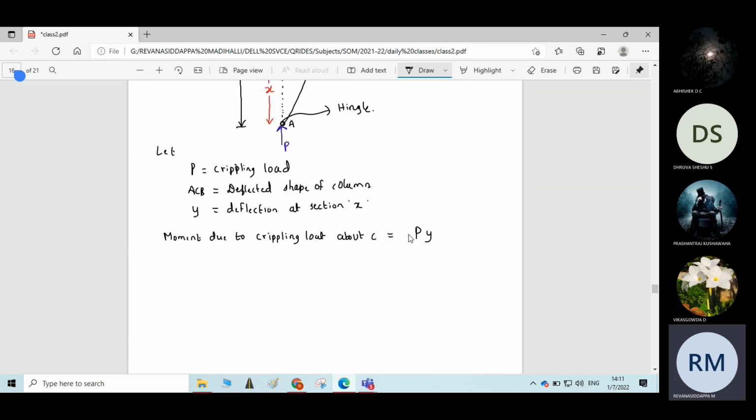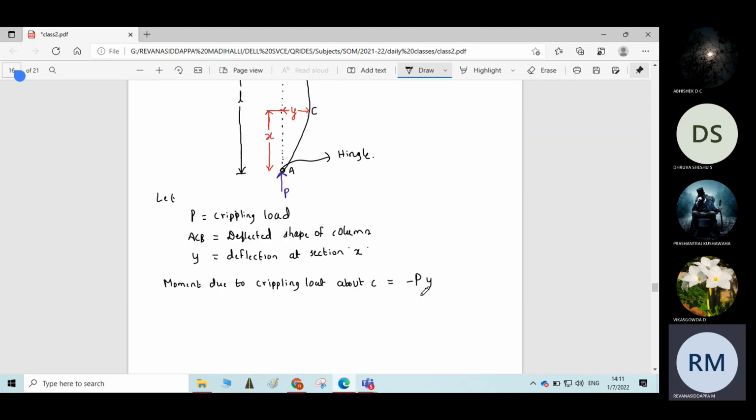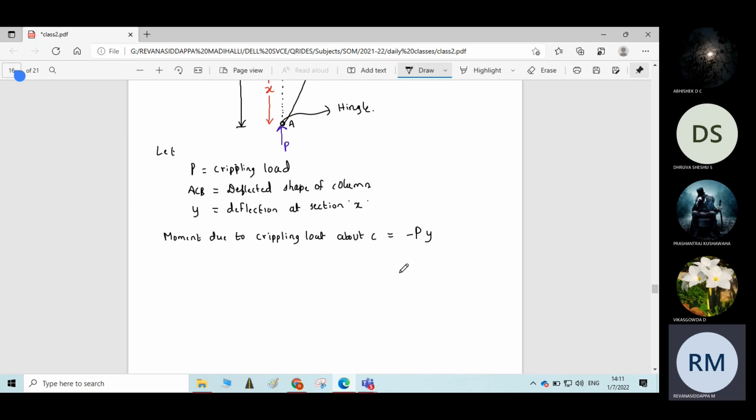You can also write it another way: this force P is causing an anti-clockwise moment about point C. Anti-clockwise means again it is negative. In that way also you can predict the sign of the moment. Therefore, M is equal to minus P into y.